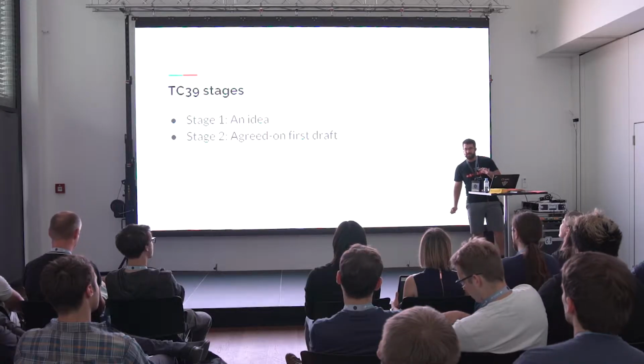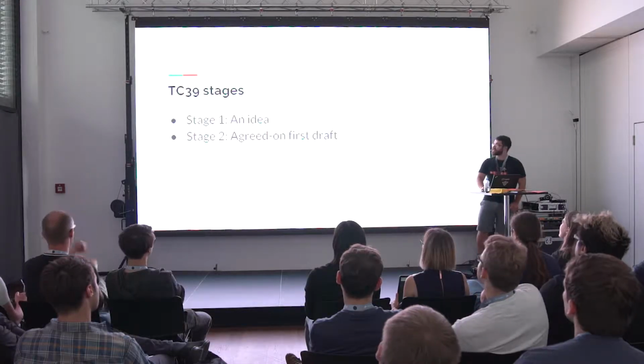So TC39 stages, you might have heard of these, but just a quick recap. At stage 1, you have just an idea that we're talking about. At stage 2, the committee agrees, yeah, we want to do this idea. We have a general idea of what that is, and we want to do something.